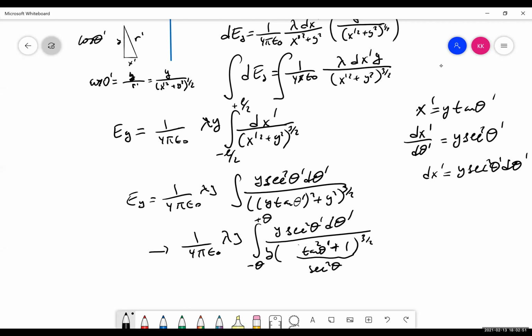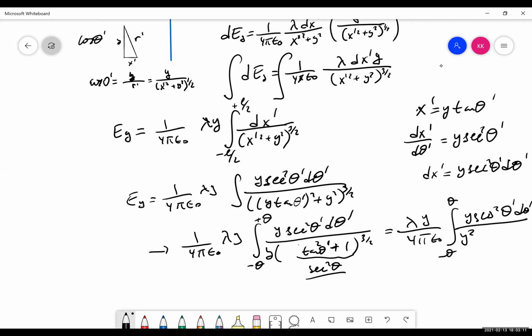Okay, that means I have lambda y over 4 pi epsilon naught, an integral from negative theta to theta, y secant squared theta prime d theta prime over y squared. And then in a parenthesis, I get secant squared theta.